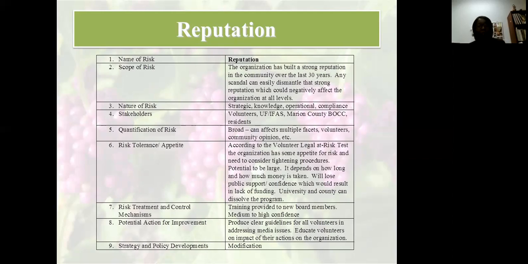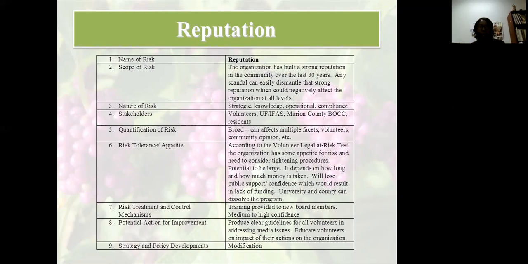And depending on what the situation is, we could also have the possibility of the county and the university dissolving the program. So then it's important that through governance, we train the new members of the board that are coming in so they know what the bylaws of the organization are. And we also do that for the members, to get them familiarized with their positions so that they know what is expected. There also needs to be clear guidelines for how you're going to address media issues.